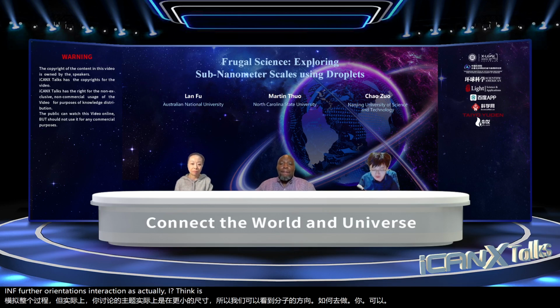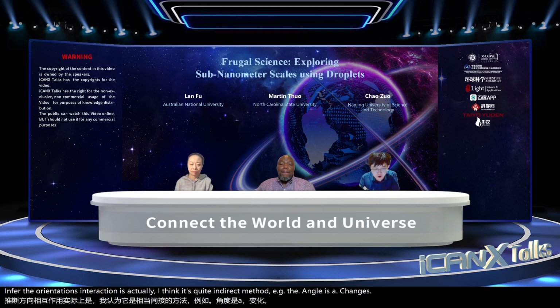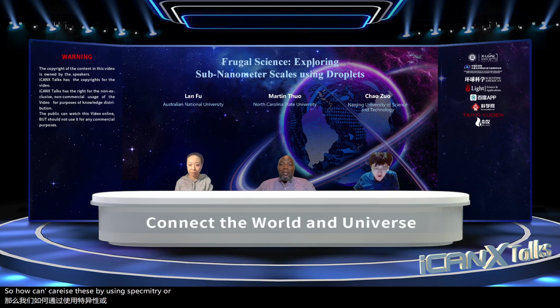I think it's quite an indirect method. For example, if the angle is slightly changed, how can you characterize this using spectrometry? I think we cannot see it directly, so we can use some indirect method to get the structure. How do you see the nanostructure, because it's quite sensitive to a small change in the angle?